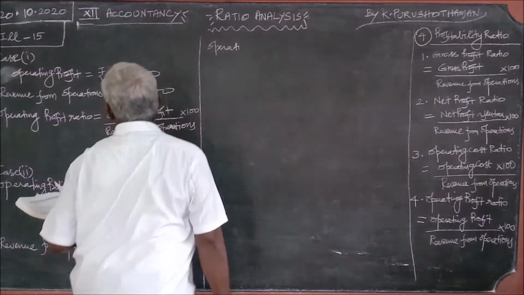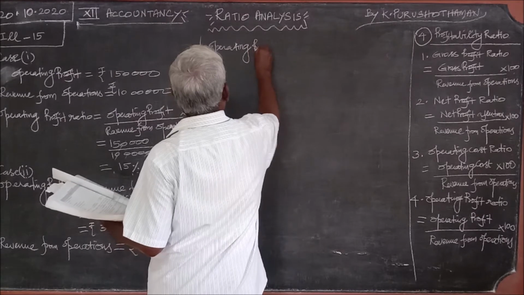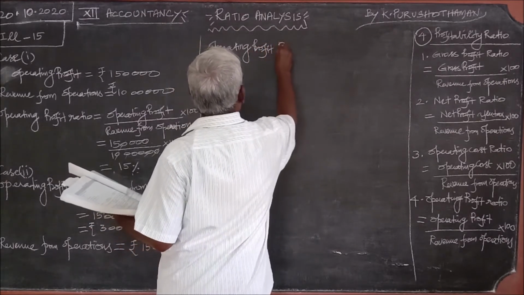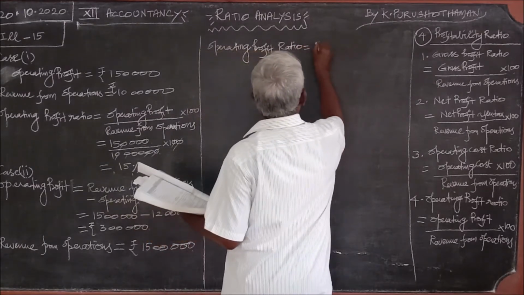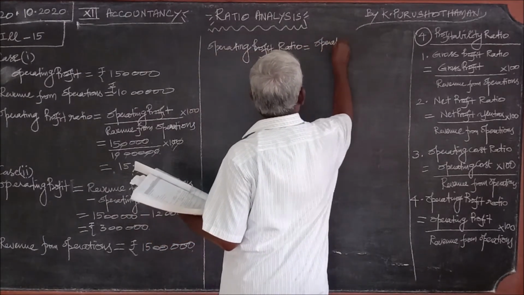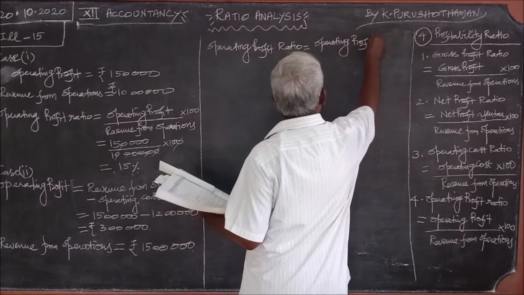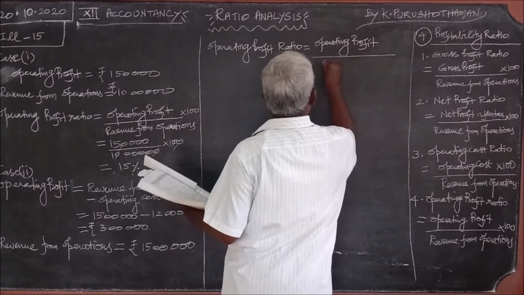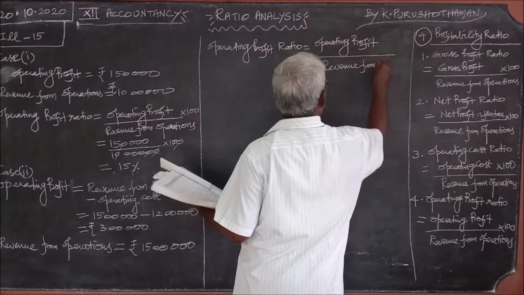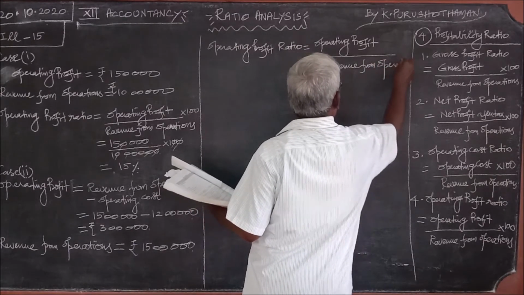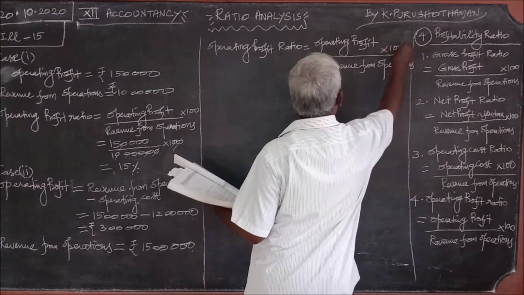So, operating profit ratio is equal to operating profit by revenue from operations into 100.